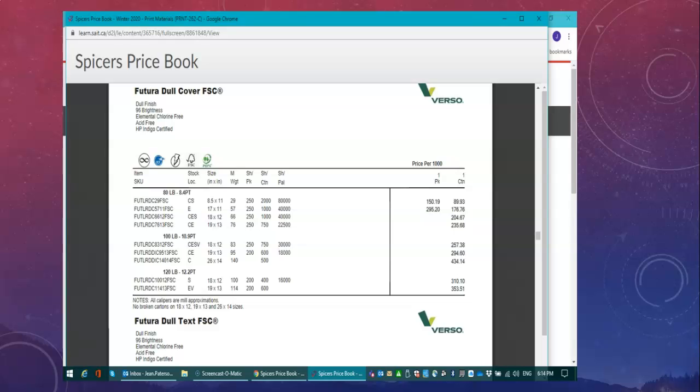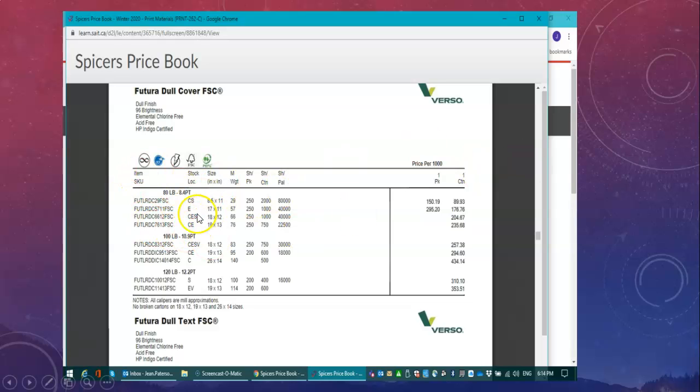When we first started all this, there was probably only 4 or 5 different papers that were treated properly to run through this digital equipment. Acid-free, 96 brightness, so some very similar characteristics that we discussed earlier.